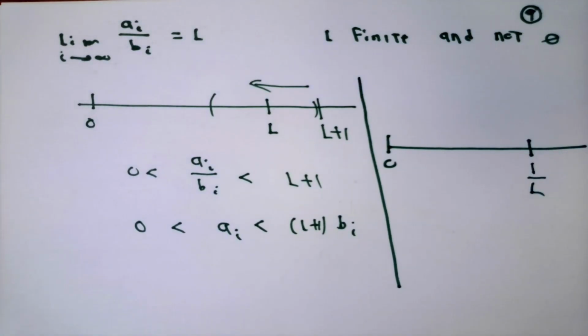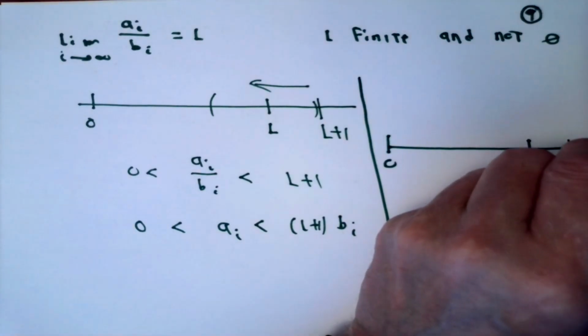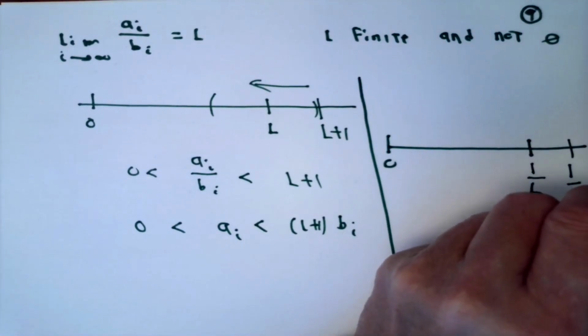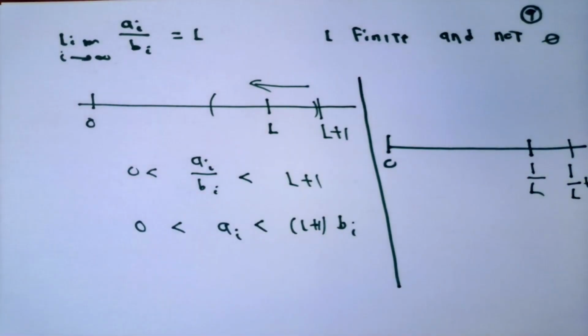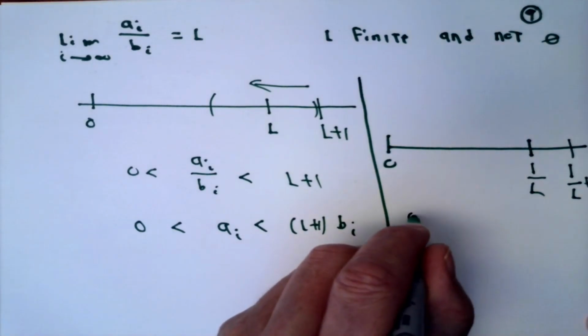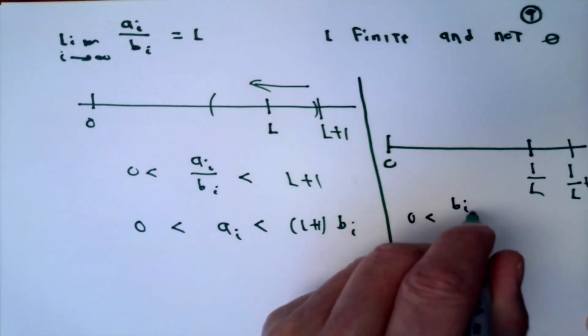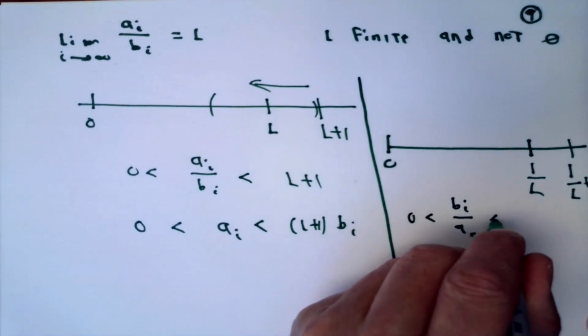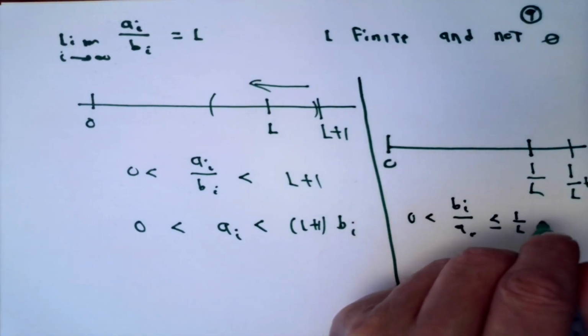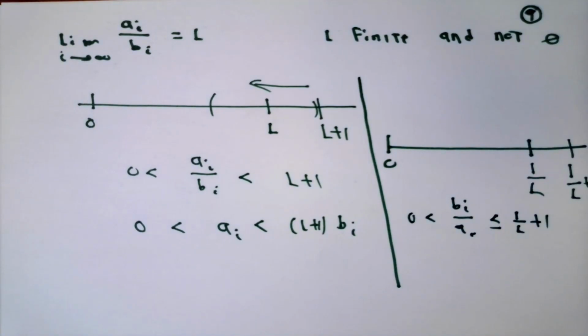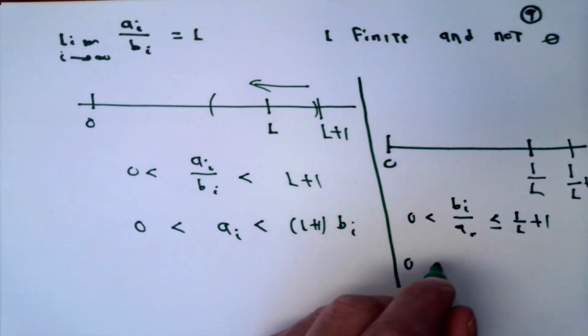Beyond a certain index, though, all of the b_i over a_i quantities must be smaller than 1 more than 1 over L. Then, since the a_i are positive, multiply through by the a_i.